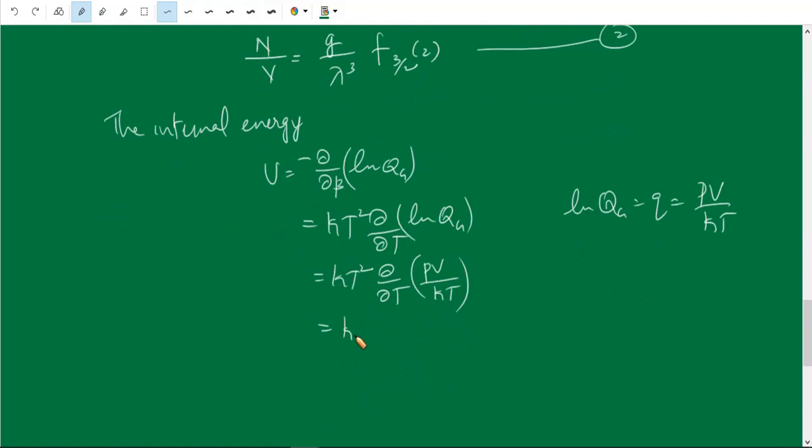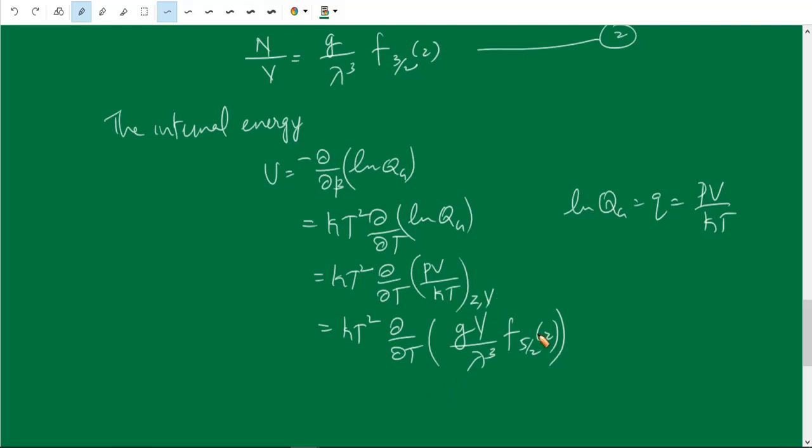So this is equal to kT squared, partial derivative with respect to T of g V divided by lambda cube f 5 by 2 of z. This is the partial differential with respect to T, so we keep z and V constant.